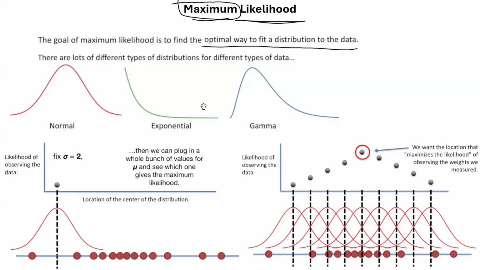Okay. So in maximum likelihood, what we actually do is we try to calculate the maximum likelihood value. How do we calculate that is what we're going to see today. Now the goal of maximum likelihood is to find out the optimal way to fit the distribution to the data.